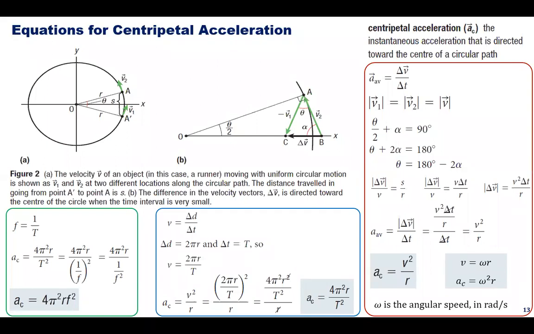A average equals V squared over R. V is the magnitude of the linear velocity. So in the above equation, the average acceleration equals A centripetal, which means the centripetal acceleration when the time interval is very small. So we have the following relationship eventually here.